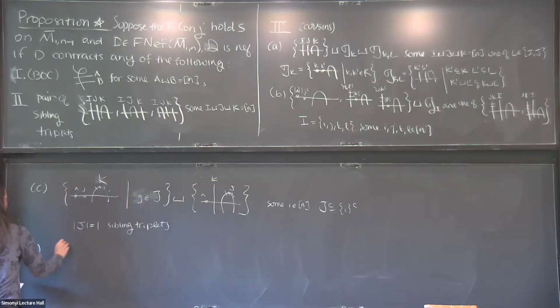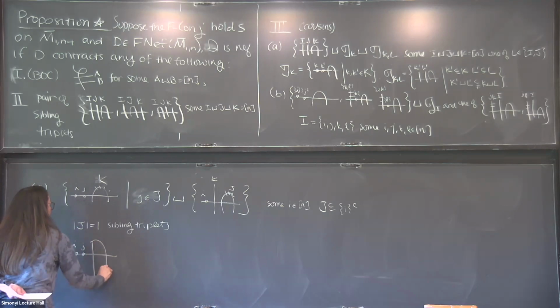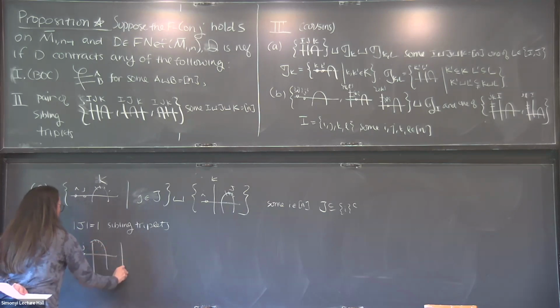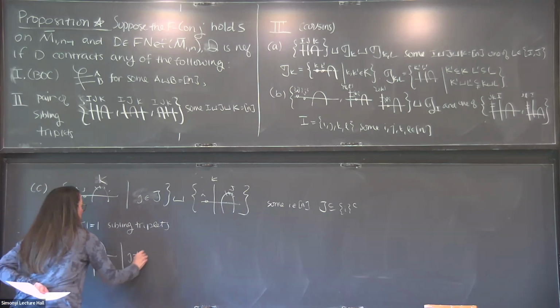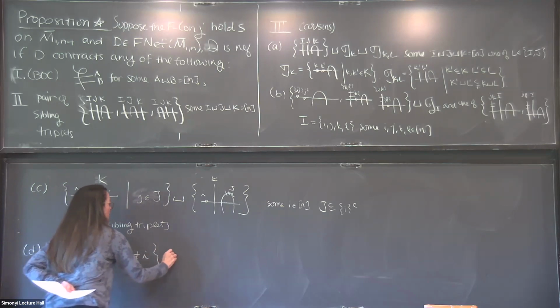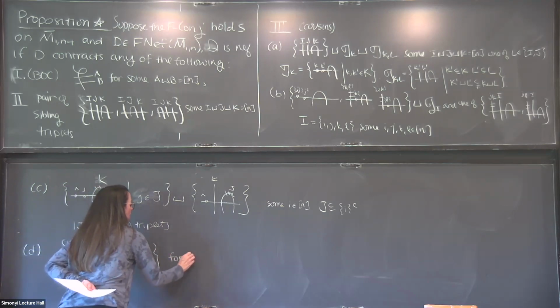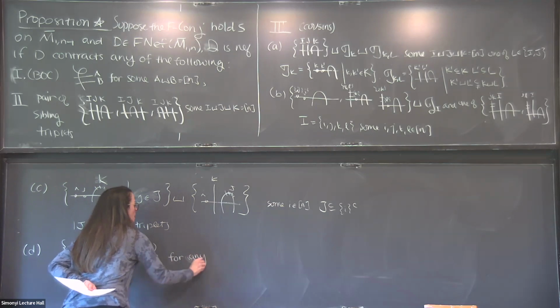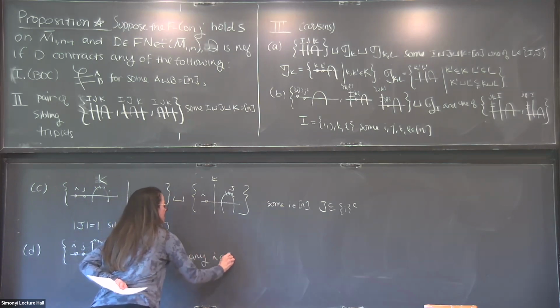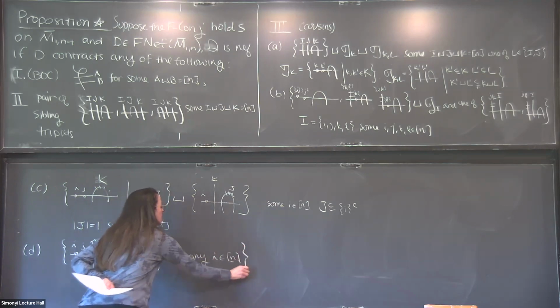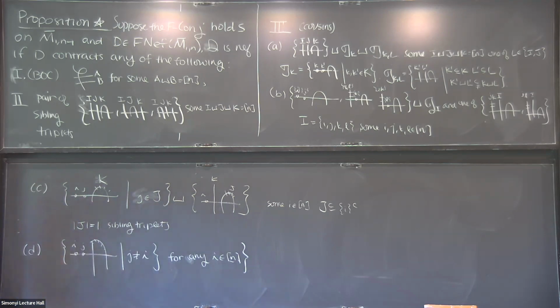And the last condition: we just take everything else such that J is different than I, for any index I. I'll show you how to prove this one in the second part of the talk.